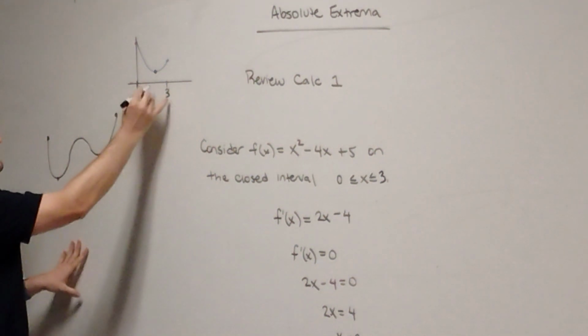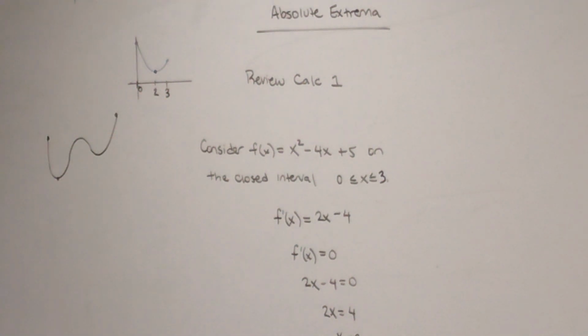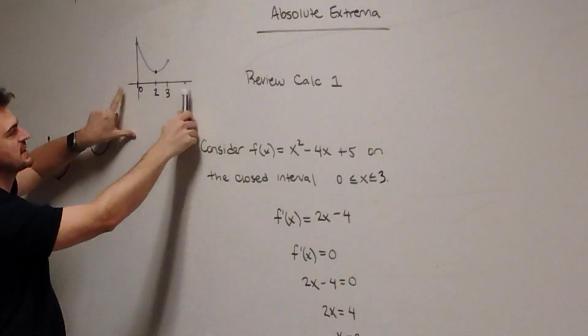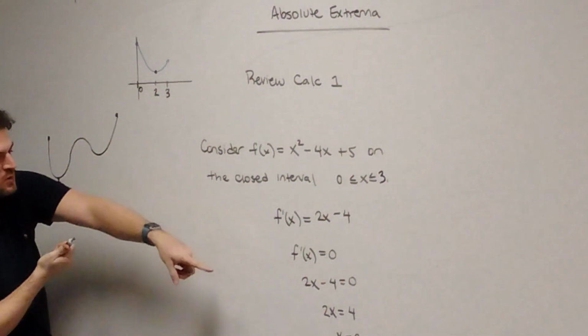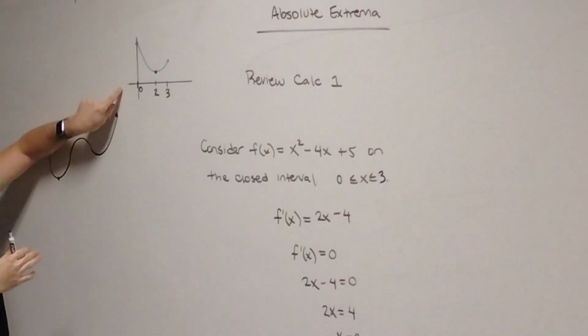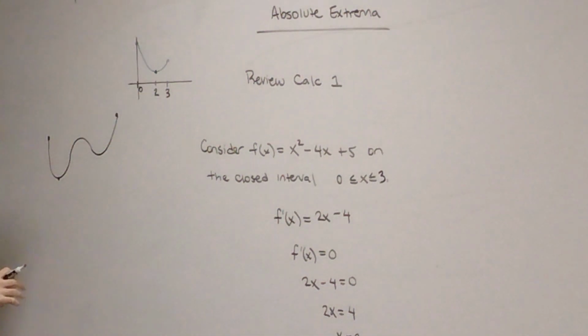So we can see that we found a critical number between 0 and 3. Now it's going to happen where you can find critical numbers outside of the window. Like you could have found a critical number of -4. Just disregard it. It doesn't matter. We're only considering things that live in that window.